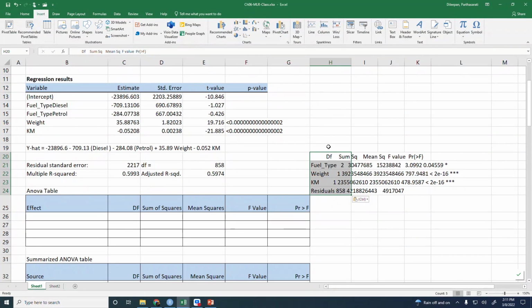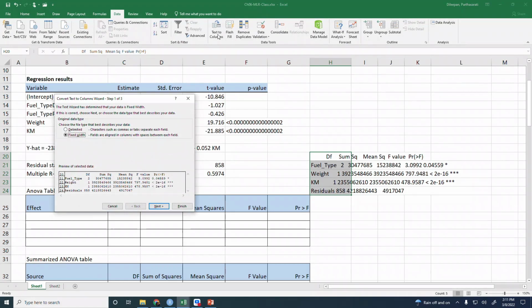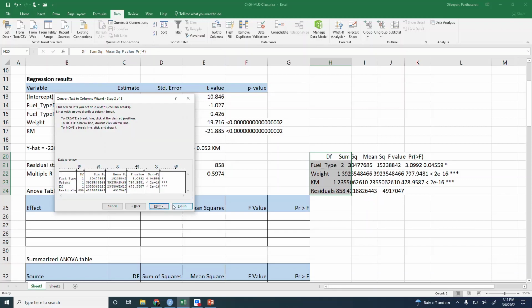And once again, we have to use data, text to columns, to splice it up. And let's examine. We will talk about what these stars mean in just a second.